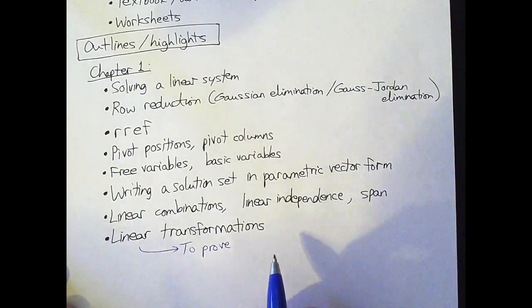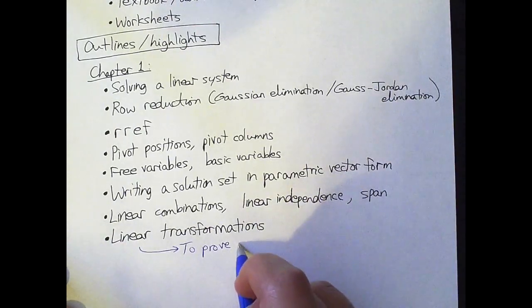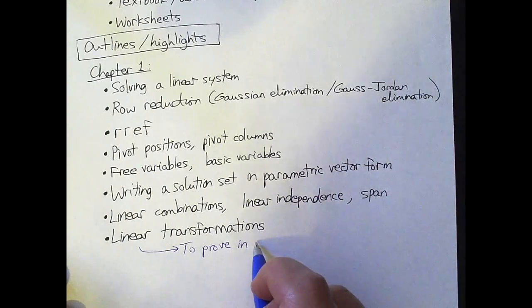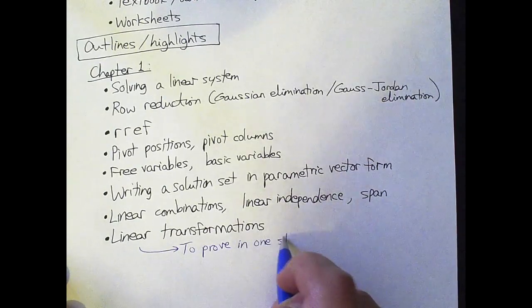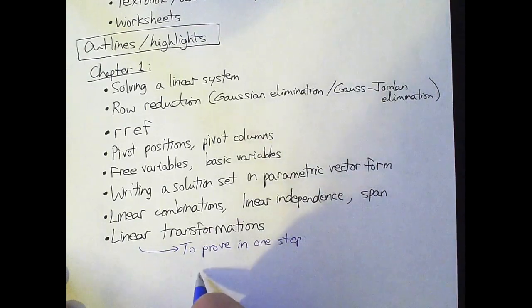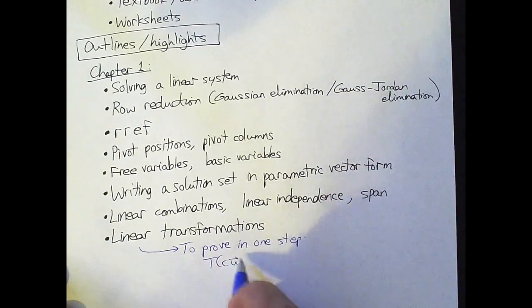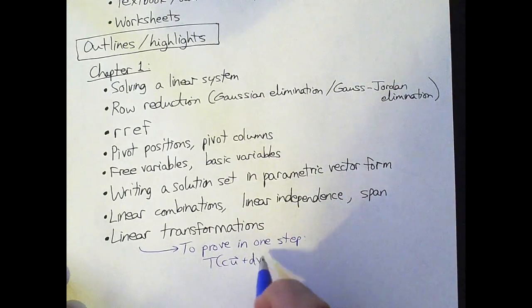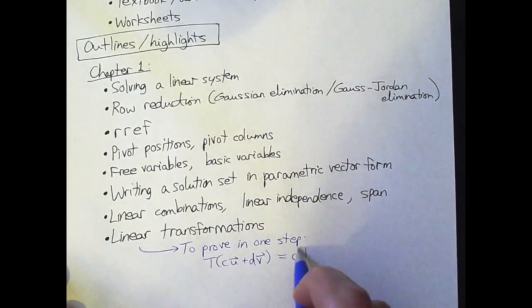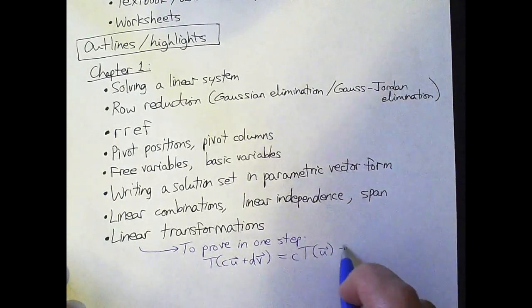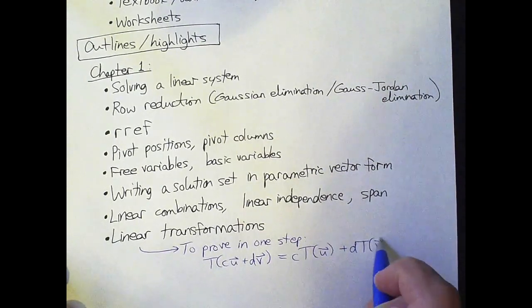And prove your answer. Remember that you can prove this using the definition, which has 2 steps, or you can prove it in 1 step by verifying that T of cu plus dv equals cT of u plus dT of v. Remember that?